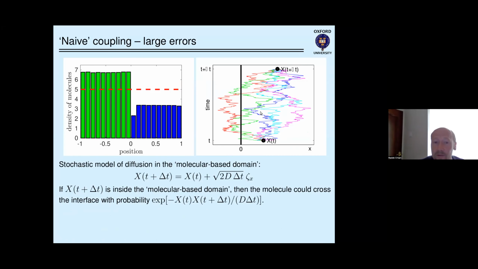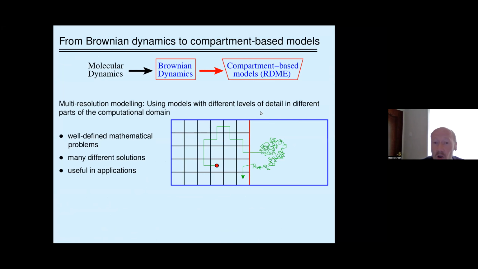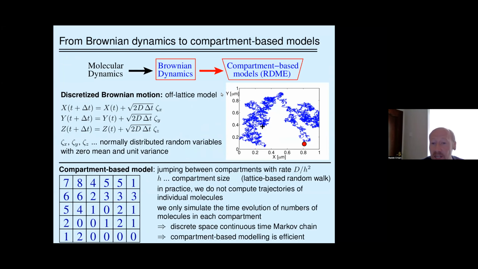Yes, so you are right. It depends on the compartments. As I was saying, the jumping rate is d over h squared. So if I have more compartments, and my h, the compartment size, is smaller and smaller, I'm jumping quicker between these compartments, because I have to jump quicker per unit of time to go across the whole domain in roughly the same amount of time.